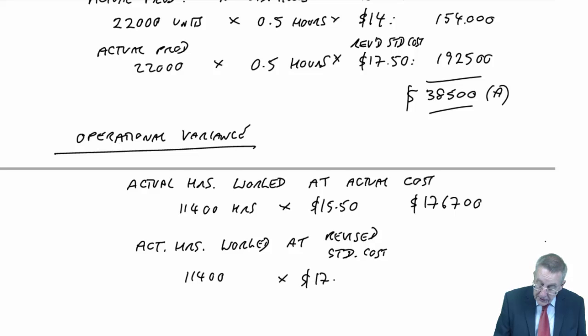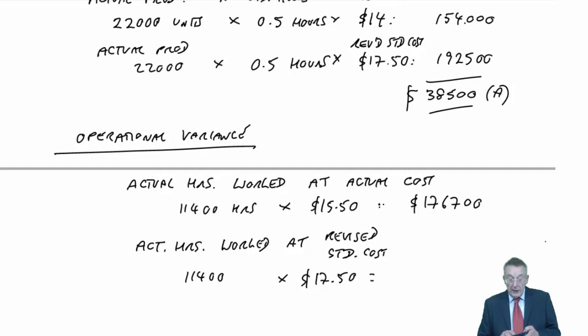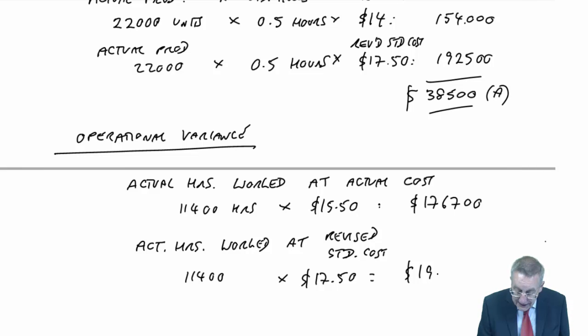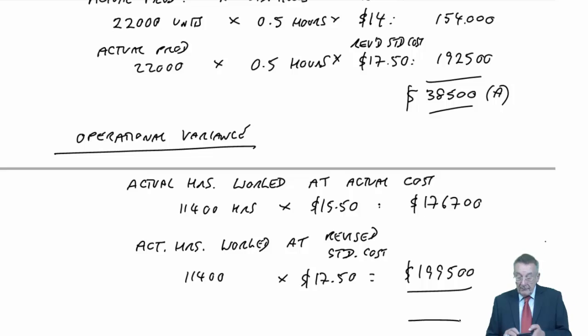The revised cost, we expected to pay 17.50 now. And so you'd have expected your manager to pay 199,500. The difference, 176,700 from 199,500, is 22,800. And that's favourable. The manager has done better than we now expect.